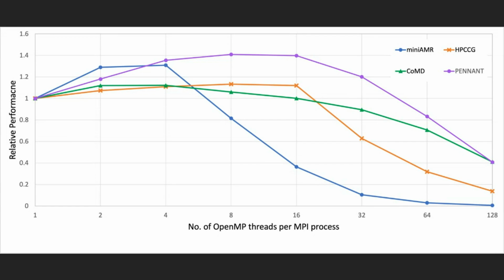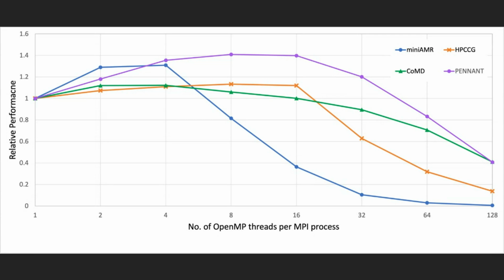And for the most part, apart from Pennant, which is the purple line here, once I go beyond 16 threads per MPI process, then on the ARCHER2 nodes each process is spanning more than one NUMA region. NUMA regions are 16 cores on this architecture.